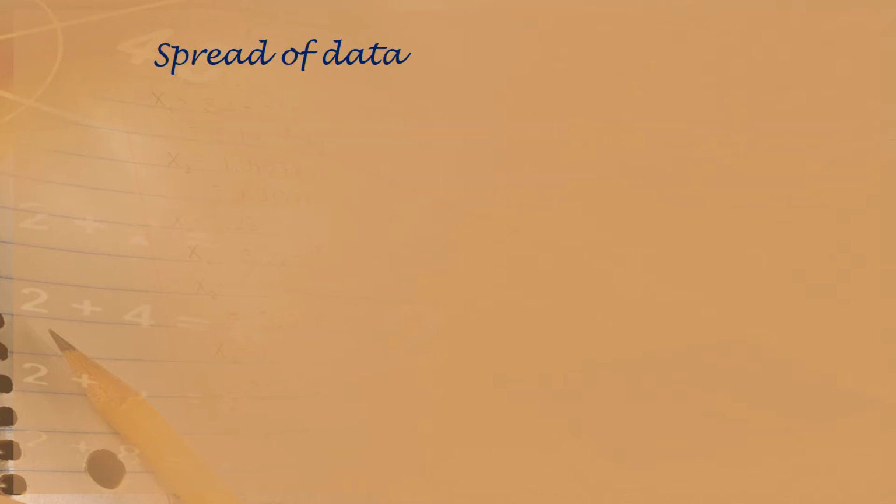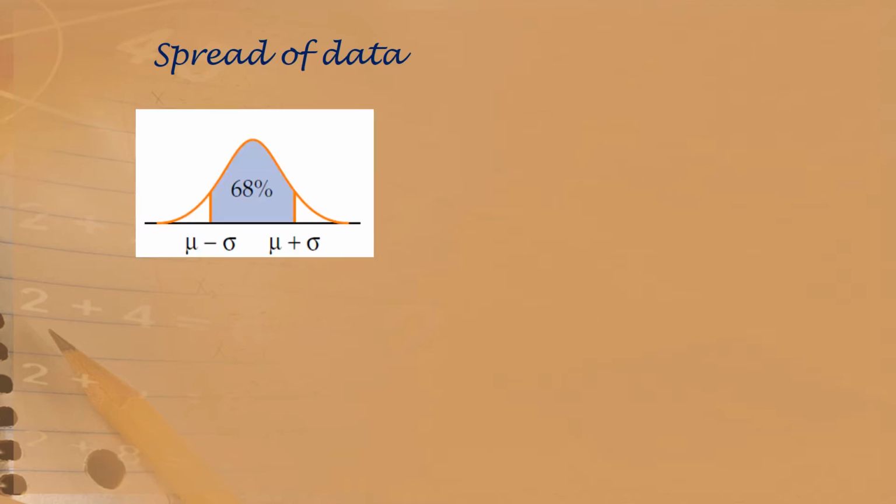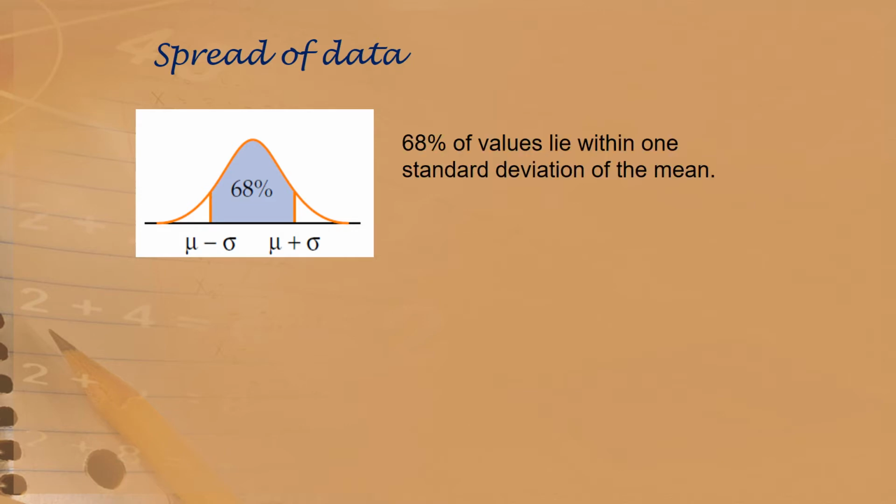So to start with, if we consider the spread of data, here we have a normal distribution. For any normally distributed random variable, approximately 68% of the values lie within one standard deviation of the mean. So that's what we have represented down the bottom.